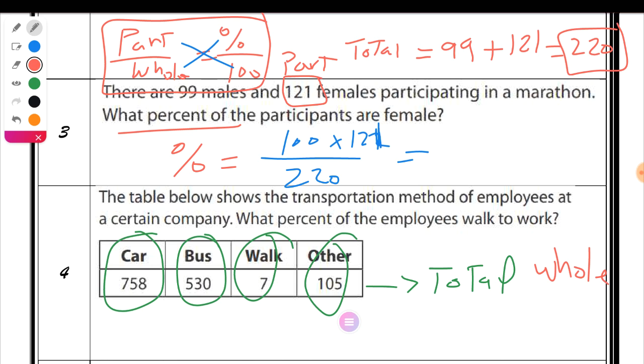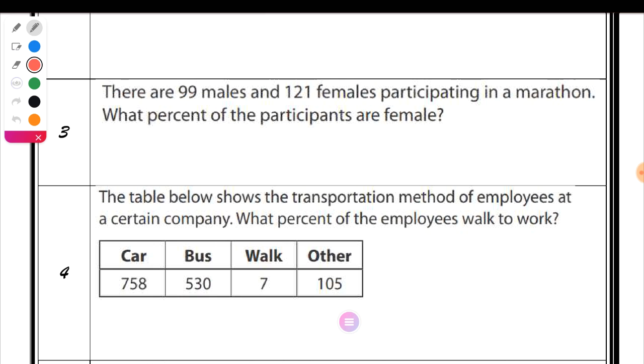He wants to know the percent of the employees who work to work. He needs this number only, so this is the part. Please use the part and whole formula to find the percent of the working people. Okay? Another question.